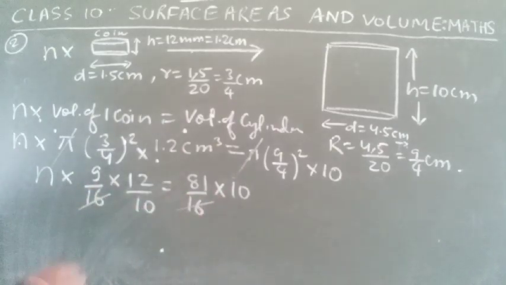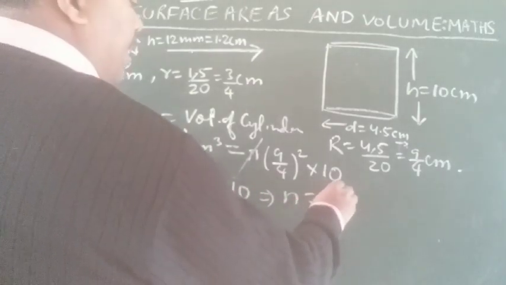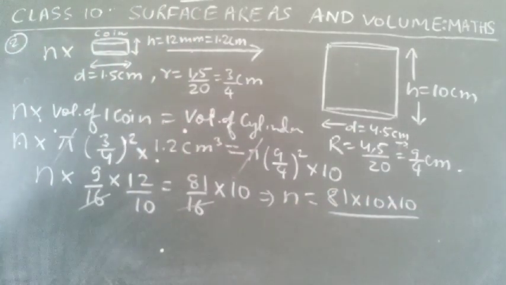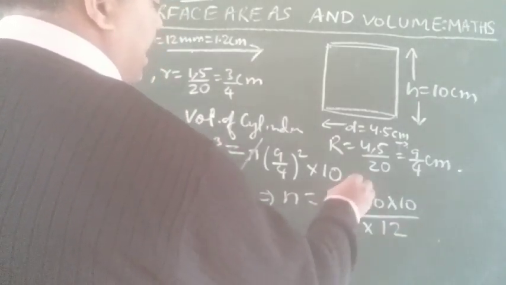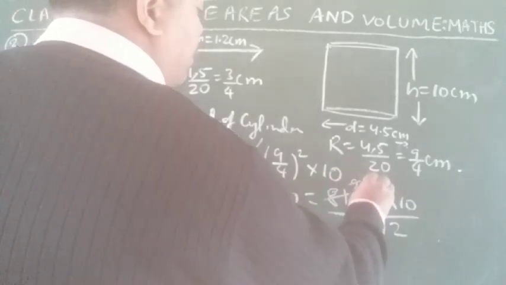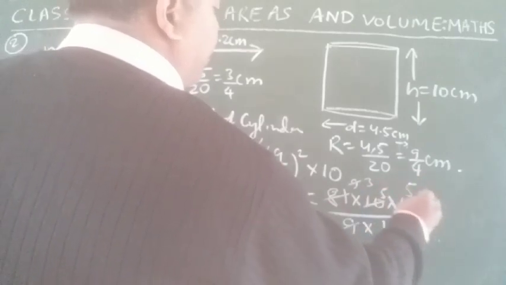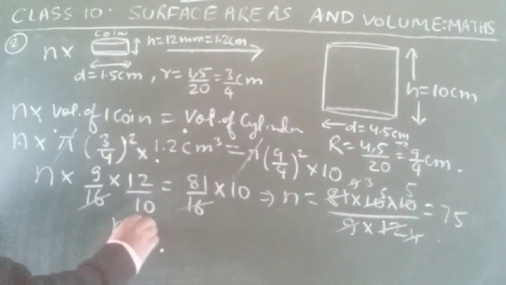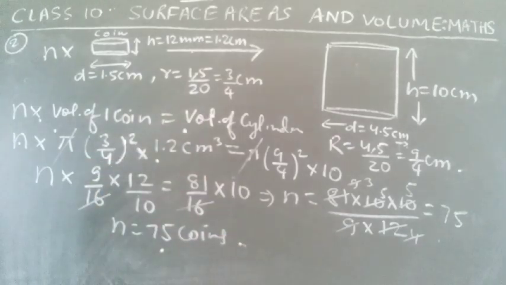What is the value of n? n equals 81 into 10 into 10 divided by 9 into 12. Here 9 goes 9 times, 3 times, 4 times, and here it is 5 times, there also 5 times. So it is 75 coins. 75 coins are used, melted to make a big cylinder.